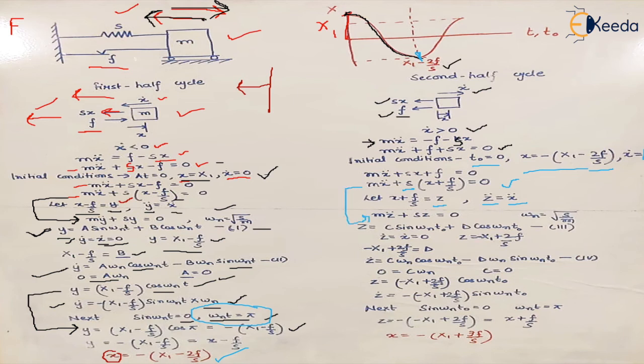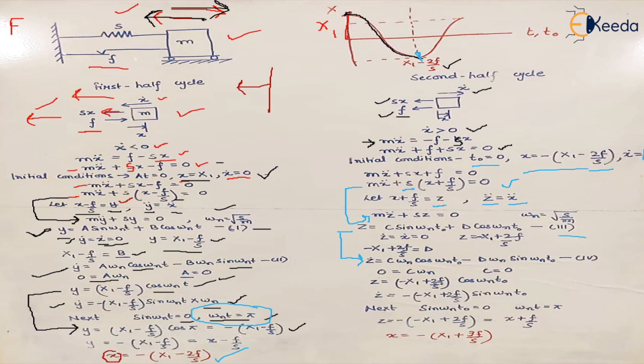Because this is the equation for simple harmonic motion, we can write its solution as z is equal to c, because we have already taken the constants a and b, so we'll name the constants c and d. It becomes c sine omega n t naught plus d cos omega n t naught. And the velocity, z dot, will be c omega n cos omega n t naught minus d omega n sine omega n t naught.